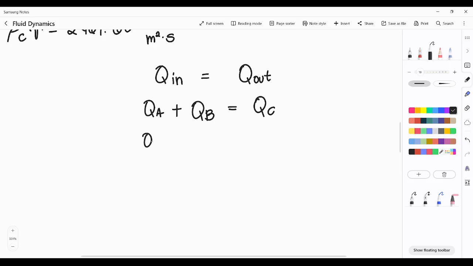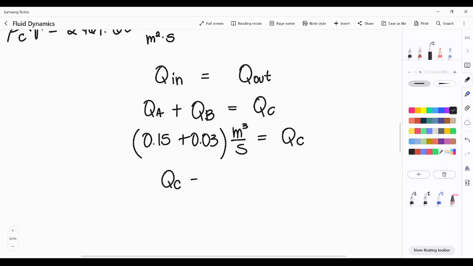So this is 0.15 plus 0.03 at pareho silang naka cubic meters per second equal to QC. From here, volume flow rate at C is equal to simply 0.18 cubic meters per second.